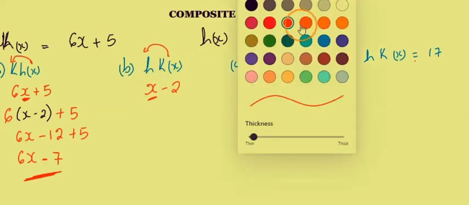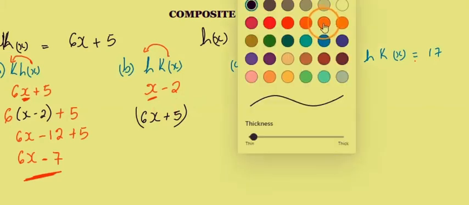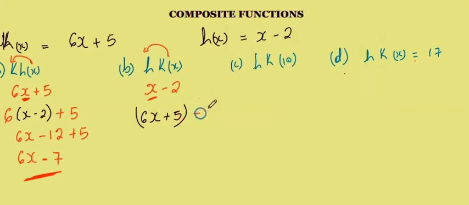So the function for k is 6x plus 5. And then I'm just going to continue, and I'm going to put my minus 2. So now I am still working with 6x plus 5 minus 2, and that would be 6x plus 3, because 2 from 5, that is 3. It cannot be simplified any further. They are not like terms, so I'm going to leave it as it is.